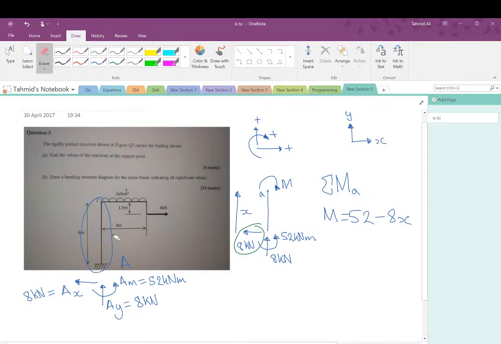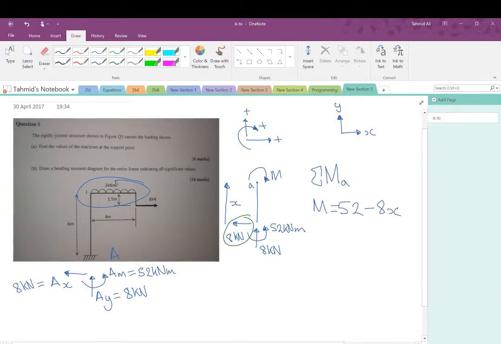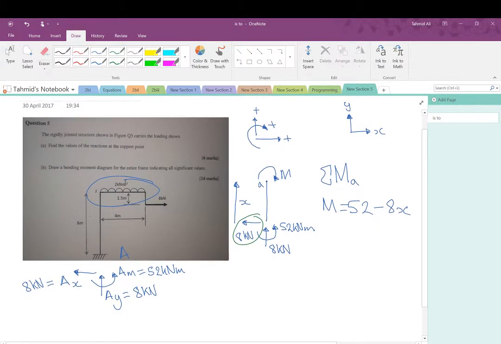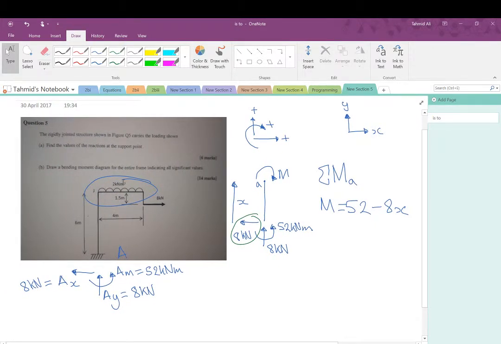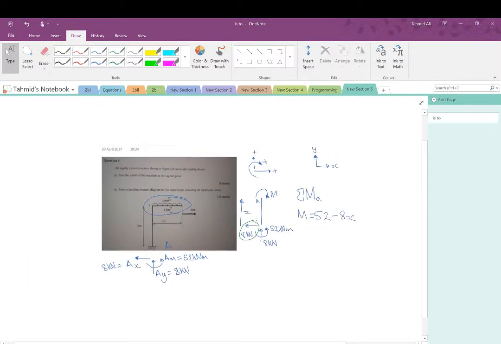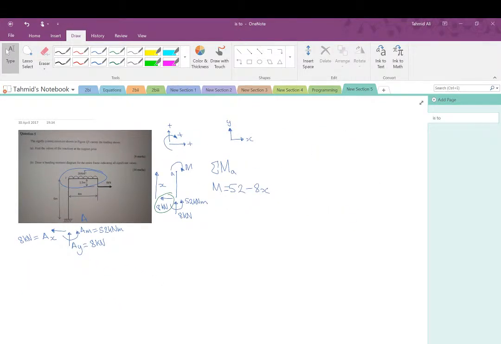Now we're going to concentrate on this part of the beam. And this is where you might see a slight difference between your lecturer's working out and my working out. Now, I might just write, actually, yeah, so let's do this. Okay, so now I'm going to do this part here.